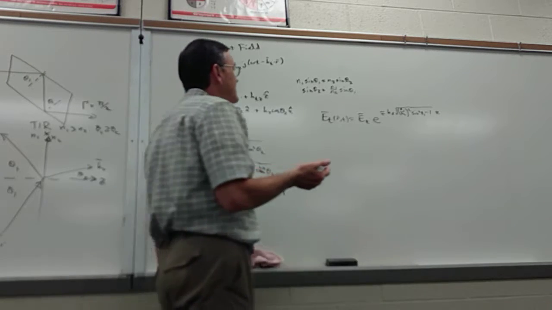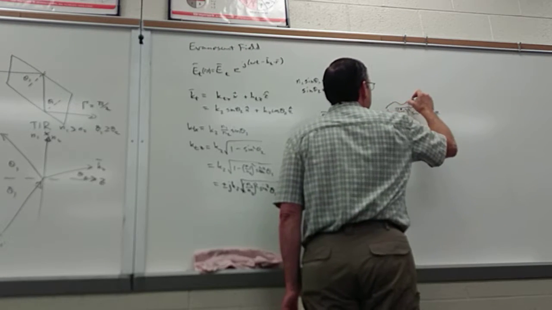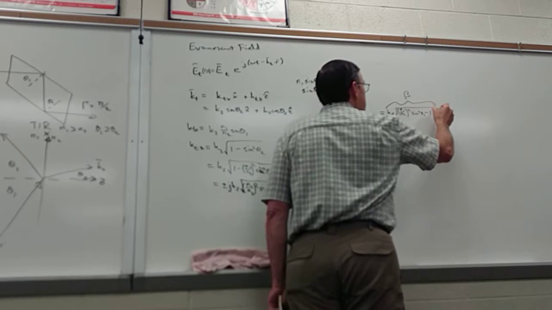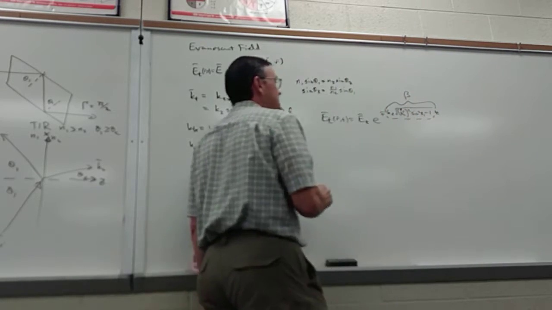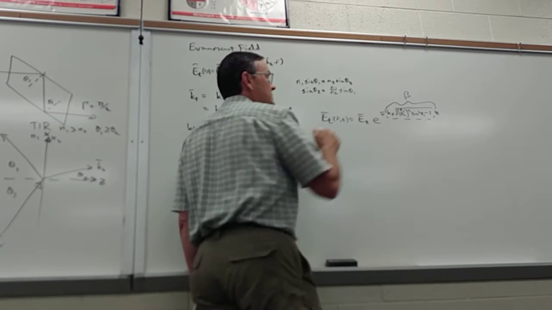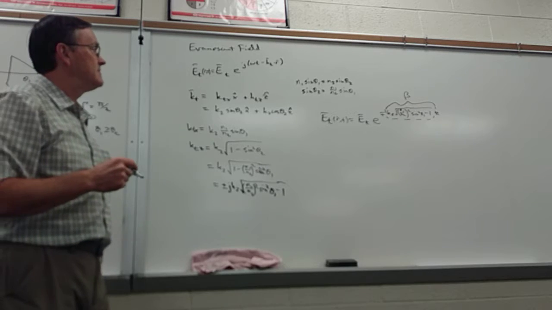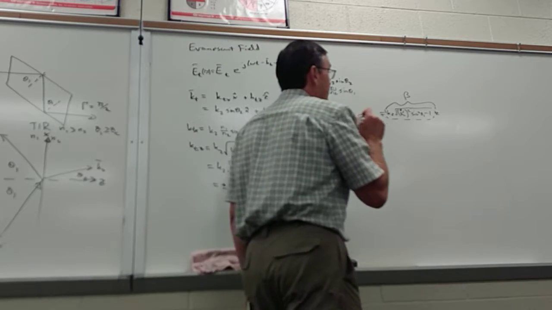And in fact, what I should do is just give this a name. Let's just call it beta. So this piece right here is beta. So this is e to the minus or plus beta z. So then the omega t term is still implied, right? Well, I haven't finished writing it down.